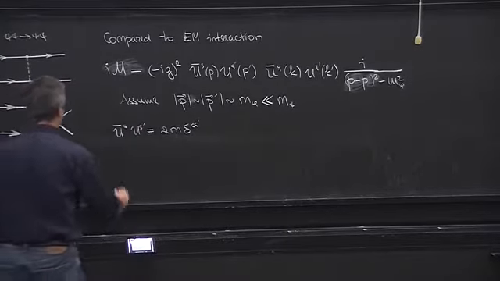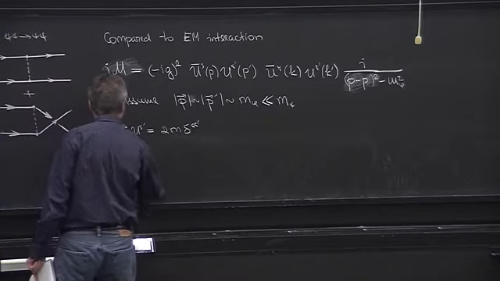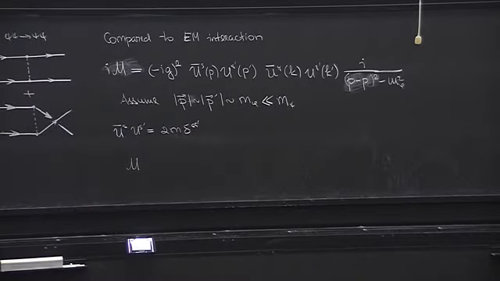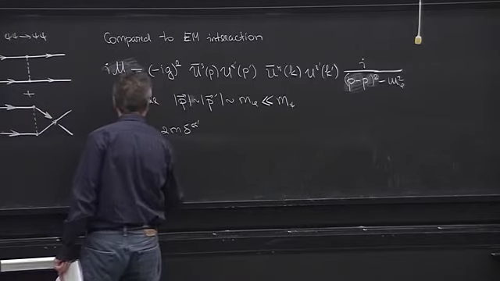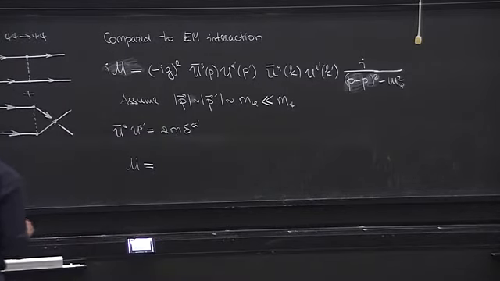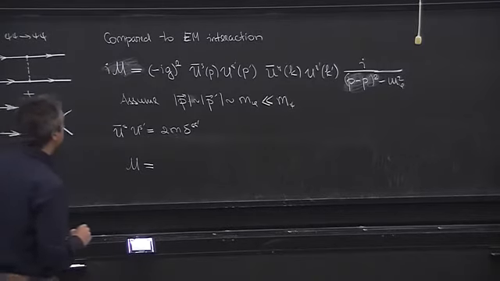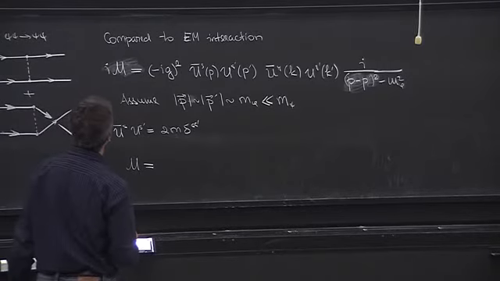So at the end, what we will get for the amplitude is it will be the same as in QED, but let's see. The difference will be that there will be some mass dependence in the denominator.